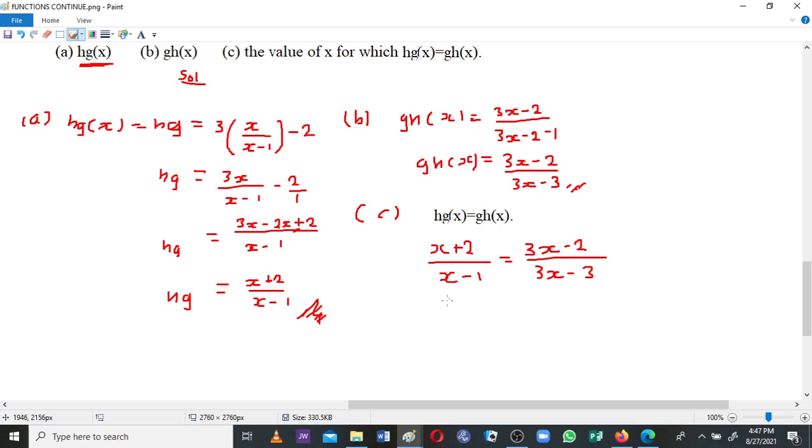Okay, now if you solve that, let's do that together. We are going to get 3x minus 3 inside the brackets, right?